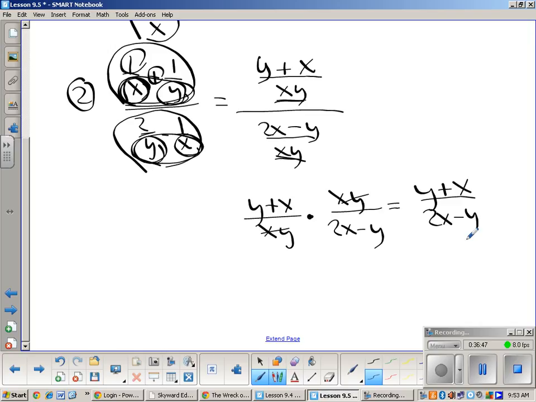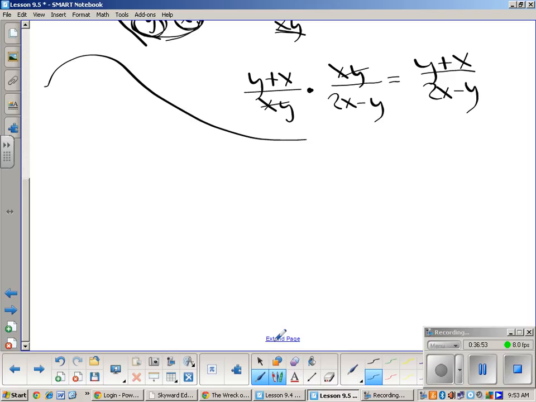Any questions on that? One little tidbit has nothing to do with that problem. If you have x minus 1 over 1 minus x, are those the same? No. Subtraction order matters. Okay, they're not the same. But if I took this bottom one and I factored a negative 1 out of it, what would this become?